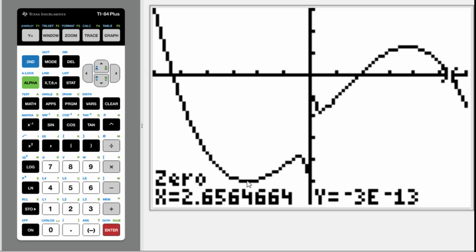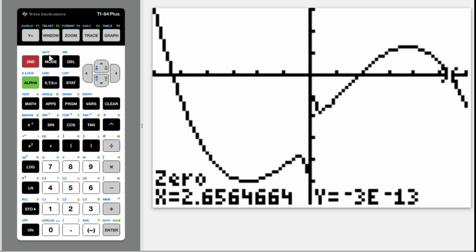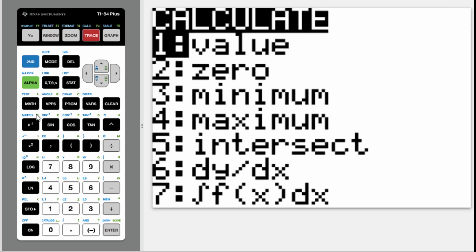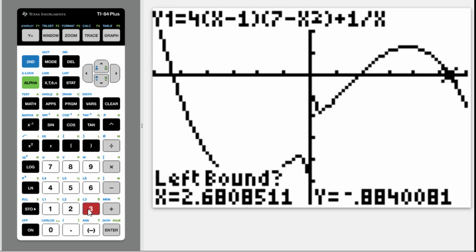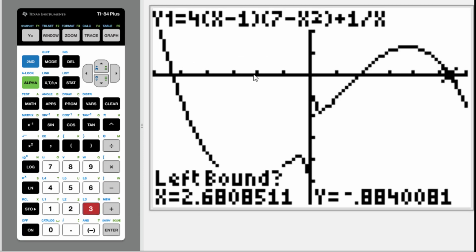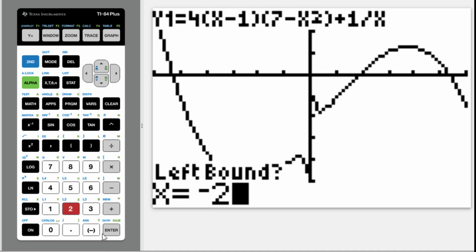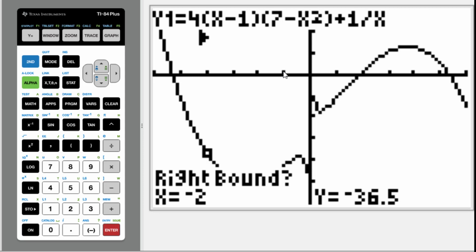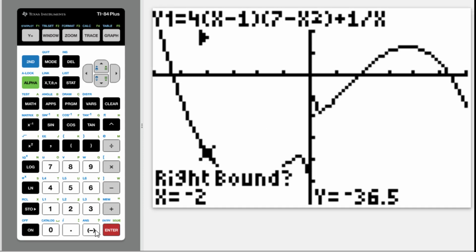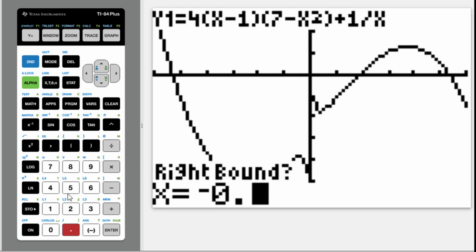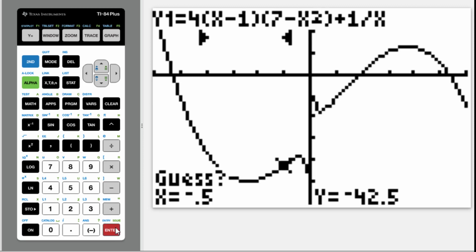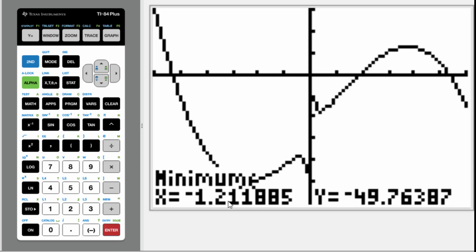So this is a minimum. Second trace, minimum. This is a -1, -2. So let's put the -2 as a left bound. Right bound, we can use a -0.5. Enter, enter. The coordinate for minimum value is -1.21, -49.8.